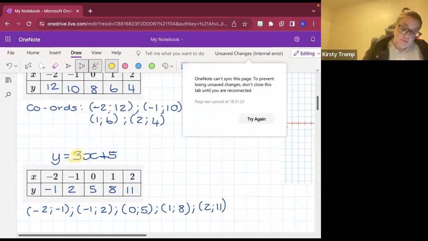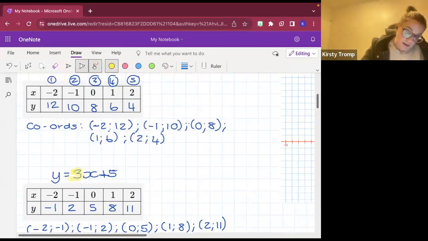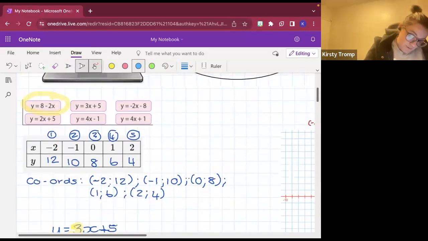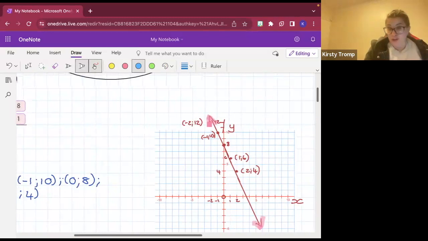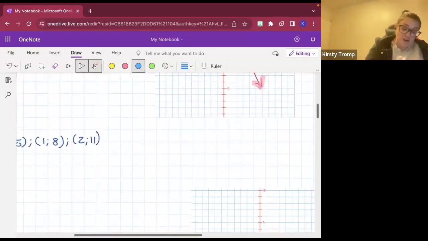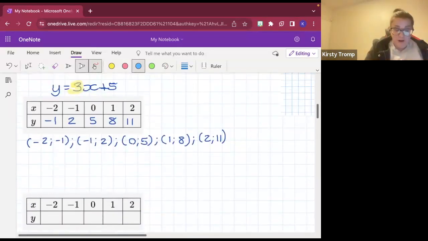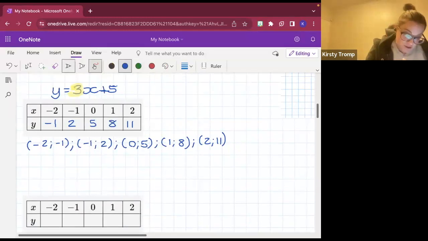When I looked at my previous graph, I saw that it had a negative gradient. The coefficient before the x was negative, and so the graph was negative sloping. But for this graph, I already know before I even draw it that it is going to be positive sloping. Let's go see if that is true.